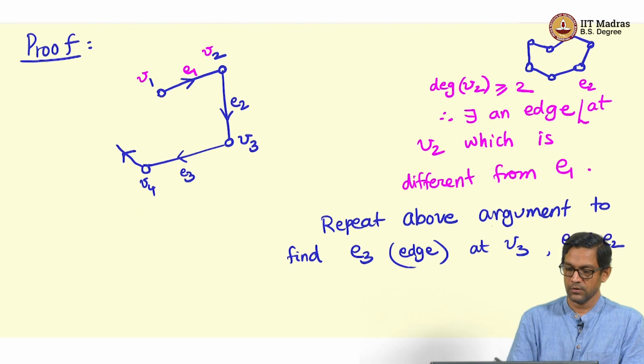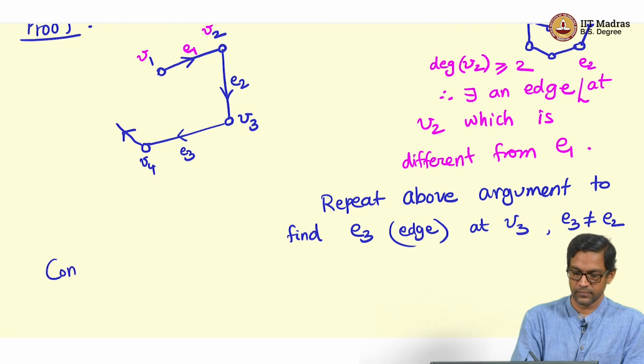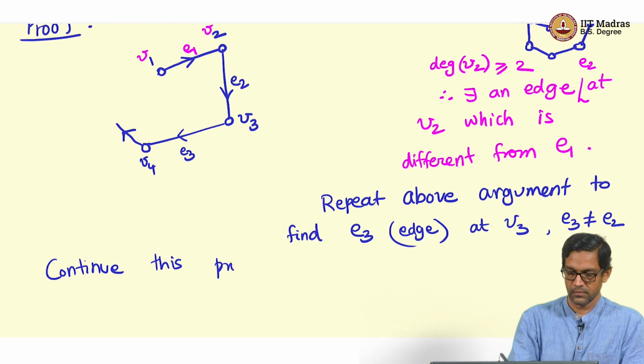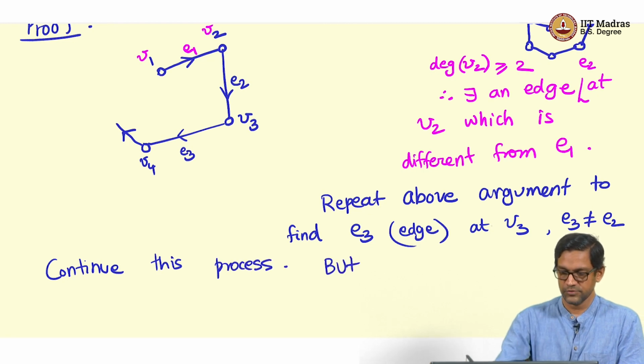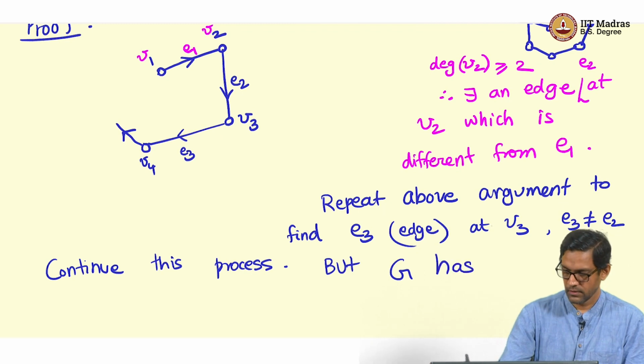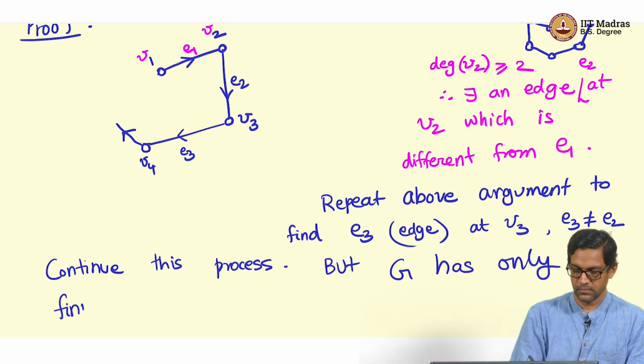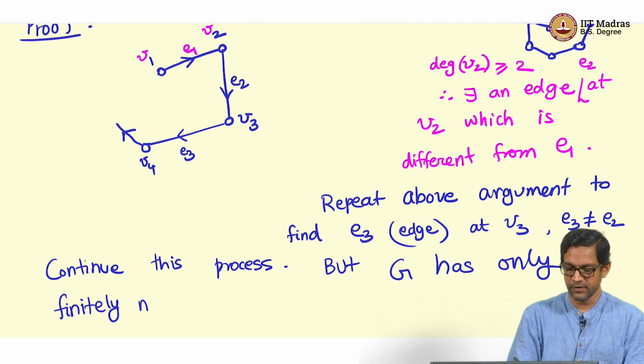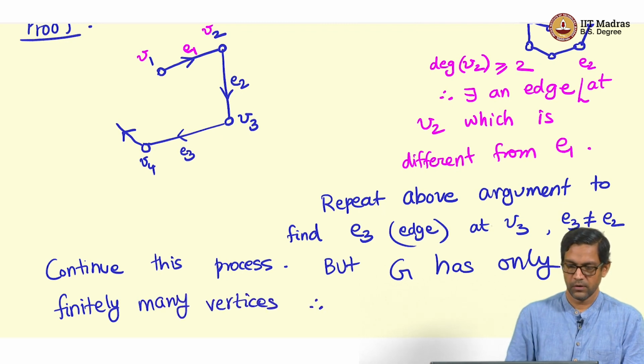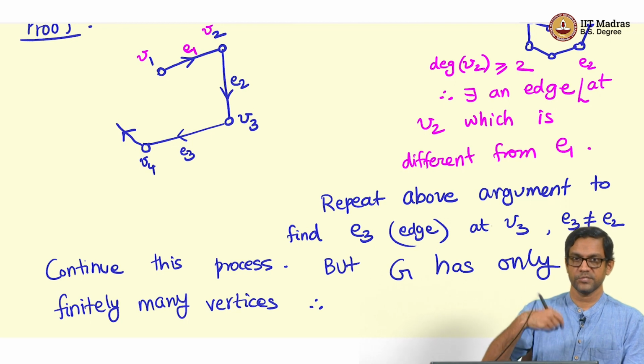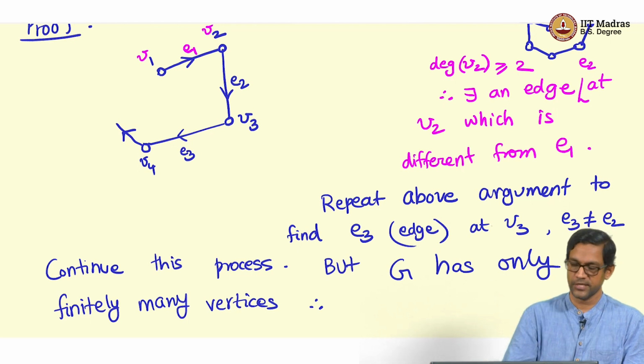So you continue this process, but graph G only has finitely many vertices. Therefore, I can't keep visiting newer and newer vertices at each step.